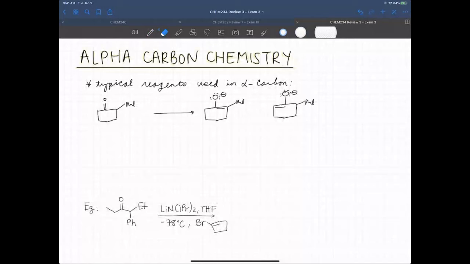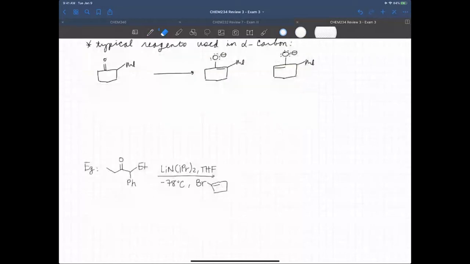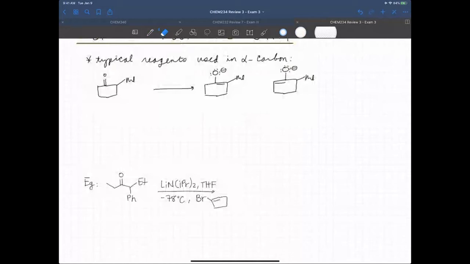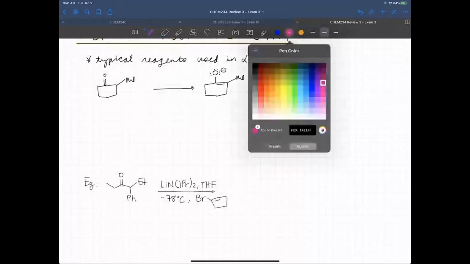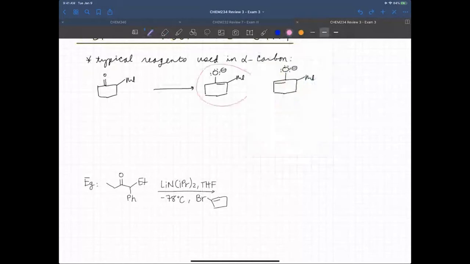Sounds good. Okay. So let's talk about alpha carbon chemistry first, right? Can you tell me what are the typical reagents used to get this product? Tell me what are some ways you could see it. The more substituted.